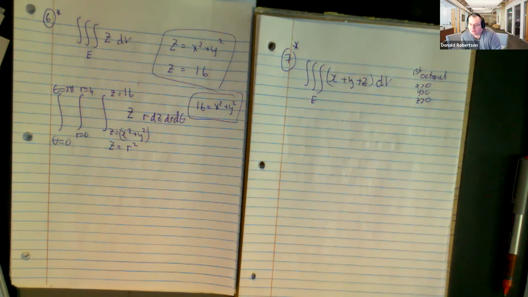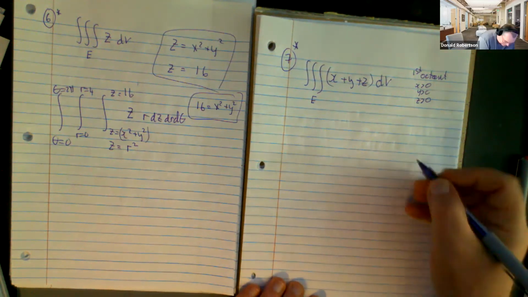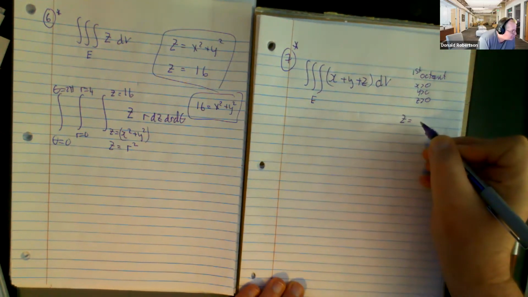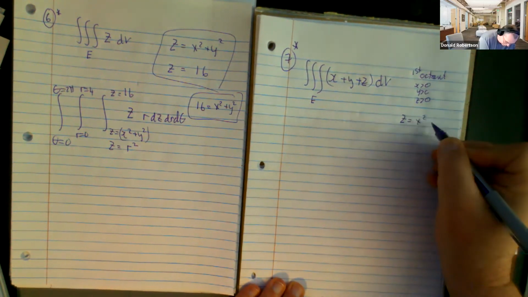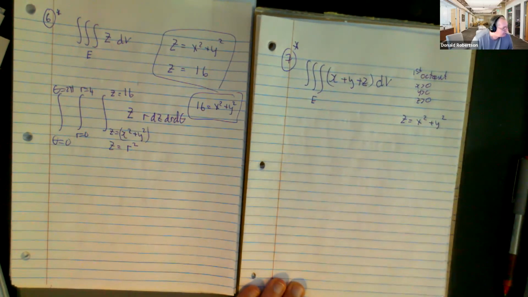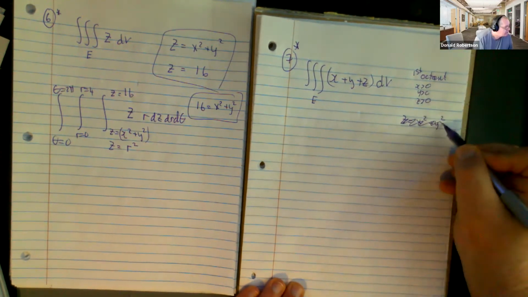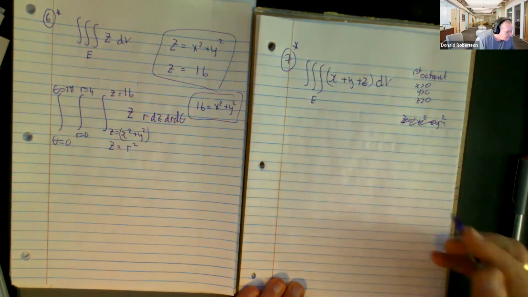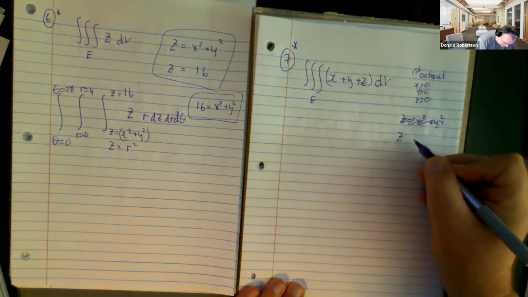Isn't the first octant where everybody is positive, right? Remember, the first eighth of the 3D space. And z equals x squared plus y squared. And, oh, I changed that. I scanned the wrong one. And it's underneath this fella.